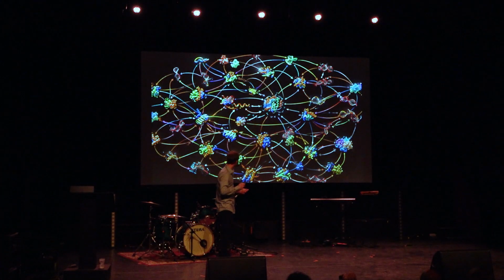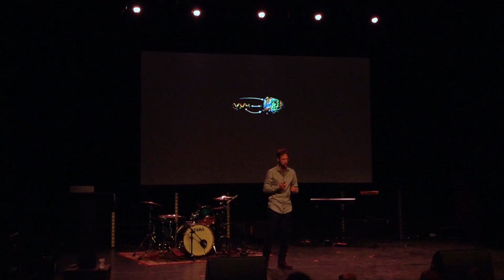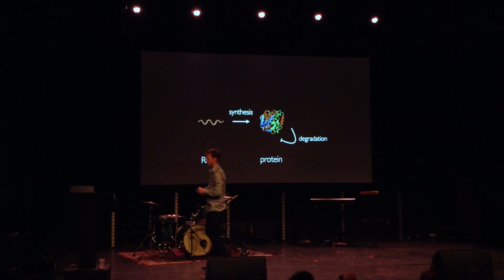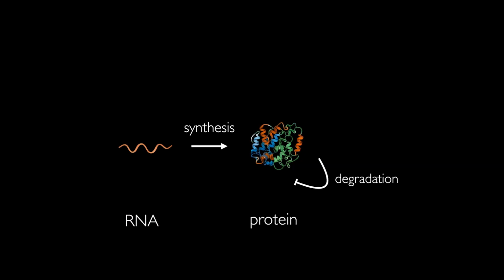We can just zoom in on a key part of it. A small part is enough to understand how this molecular clock works. So we forget about this whole spaghetti of interactions and we just focus on this very simple system.